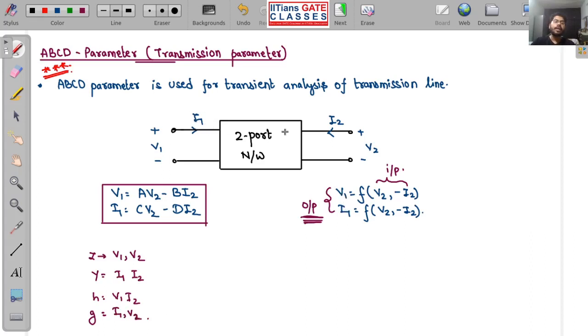So that is why I cannot construct a model. Remember this: a model cannot be constructed in the ABCD parameter. Remember this point.